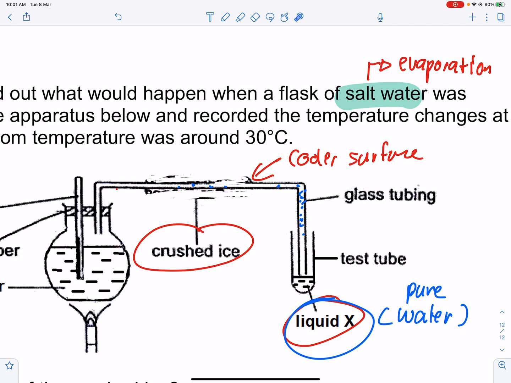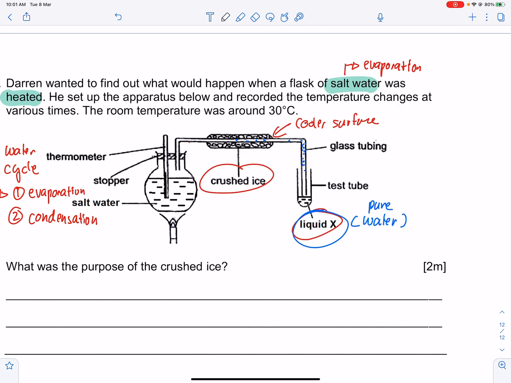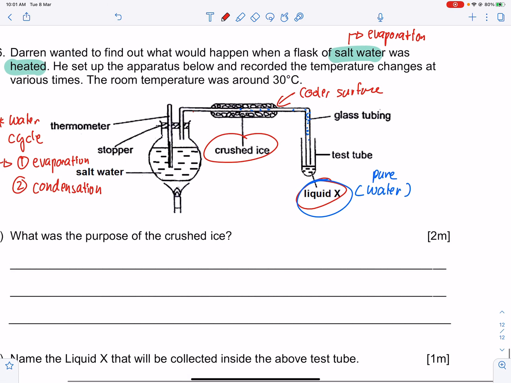So condensation will happen. But the difference is that now with your ice it is cooler, so condensation happens faster. And that is the key idea, which many of you have not correctly identified.